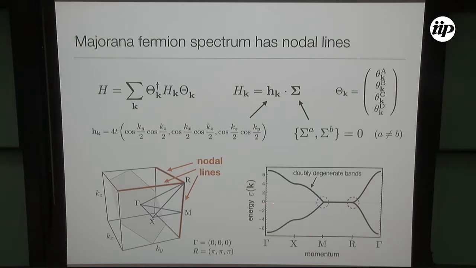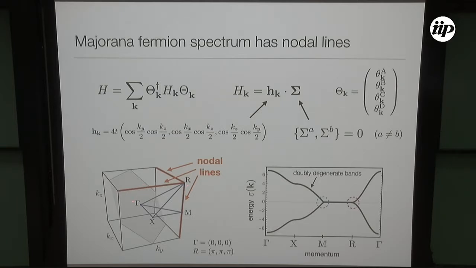And the important thing is that the spectrum you get is gapless, but because these are fermions in 3 dimensions, usually what you get in a gapless state is a Fermi surface in the 3-dimensional Brillouin zone. However, in this case, the zero energy states are along lines in the Brillouin zone rather than surfaces.